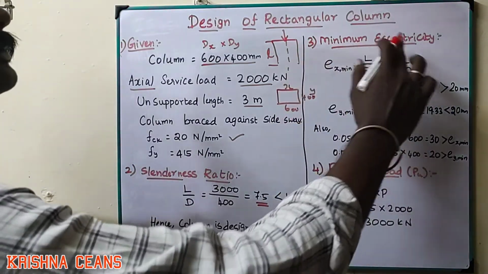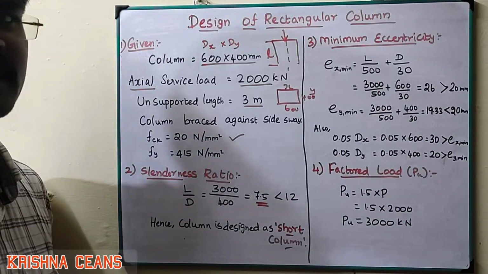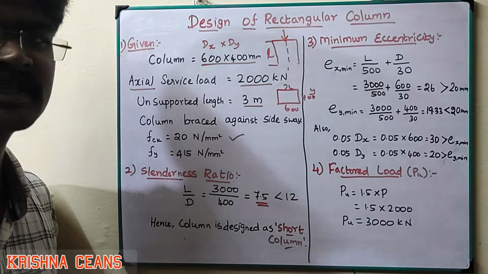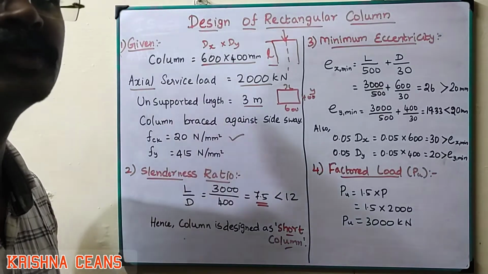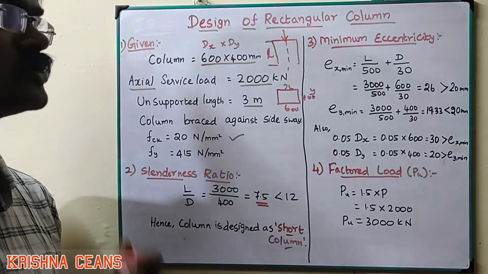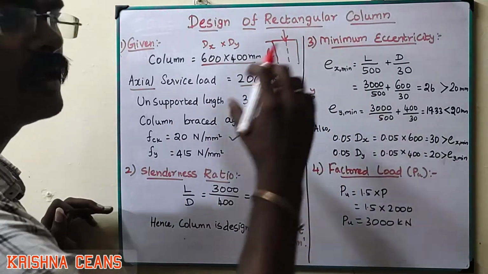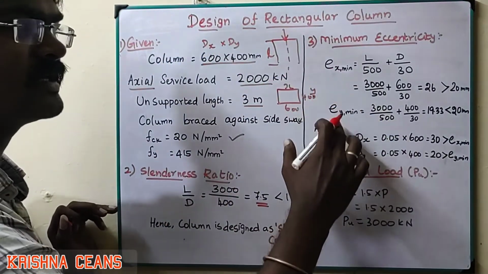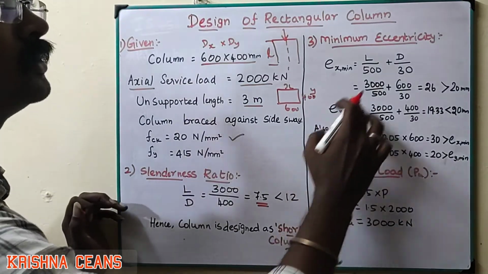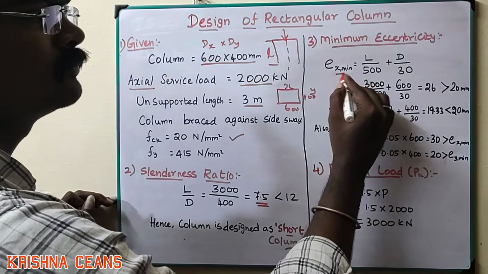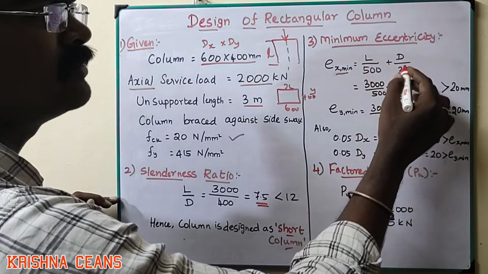Next step, minimum eccentricity. We have to confirm whether it is greater than e minimum, because from the construction point of view, we cannot execute the load at the exact point. So we have to consider the eccentricity along both axes, x-axis as well as y-axis. First, along the x-axis, ex minimum is L by 500 plus D by 30.